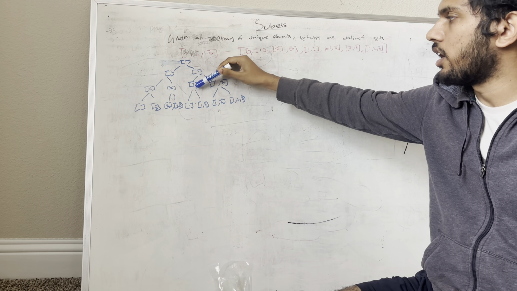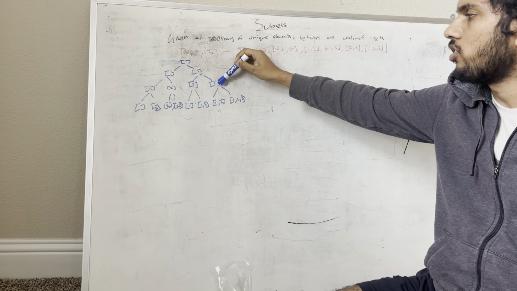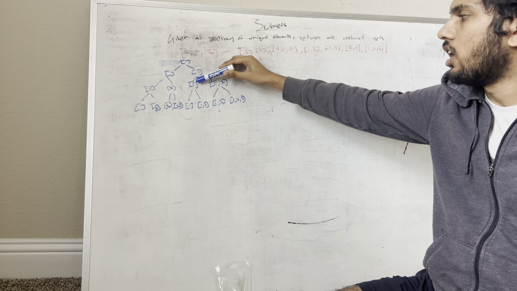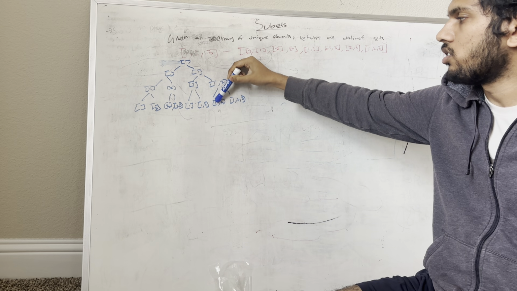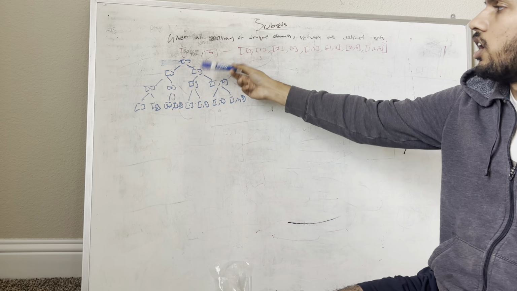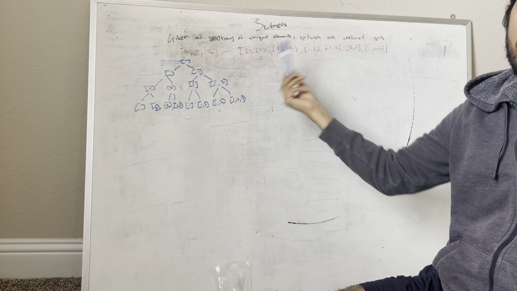After value 1, we can choose to include 2, or we can choose not to include 2. Then after that, we can include the value 3, or we can choose not to include 3 as well. By using this flowchart and recursion, we're going to get all the distinct subsets from this array.